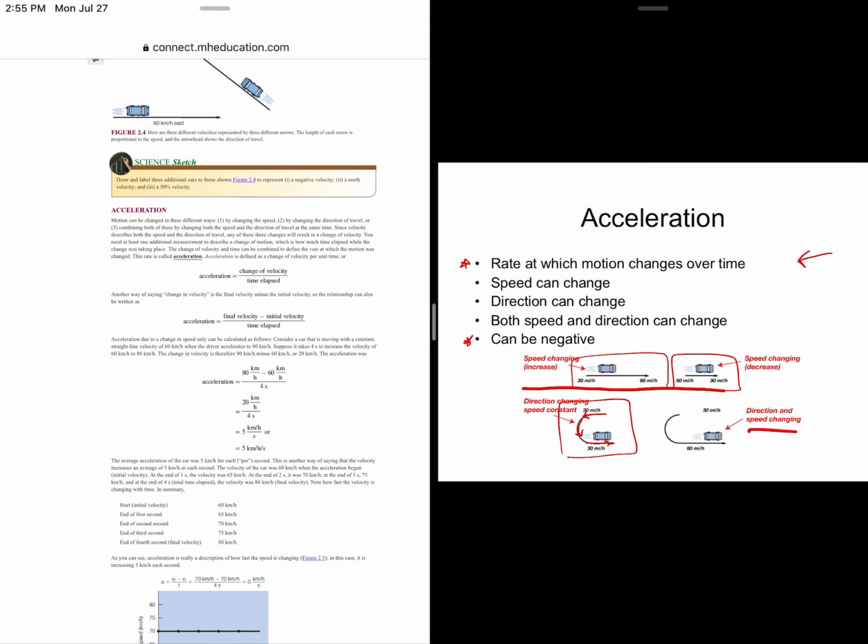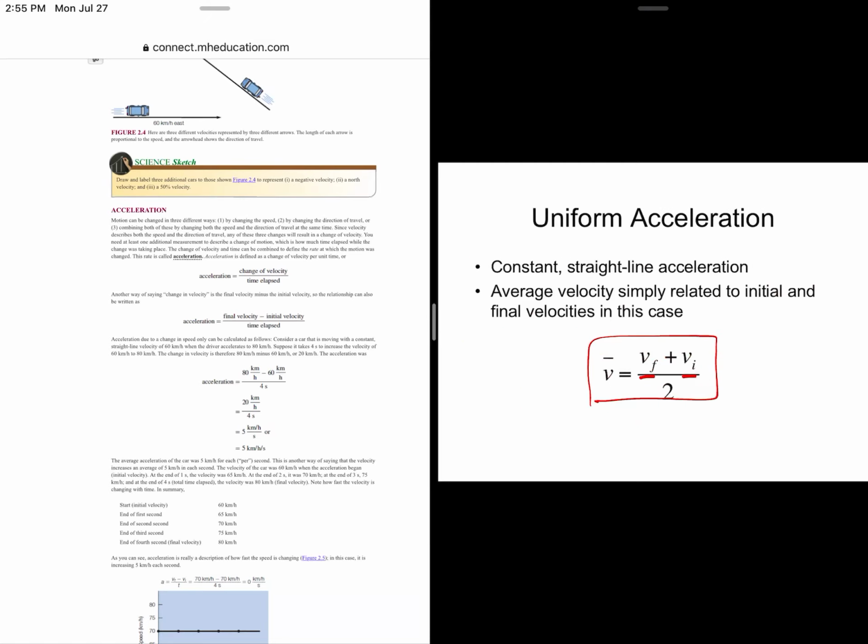Okay, so either beside this one or this one, write acceleration is equal to final velocity minus initial velocity divided by time. Okay, this is your equation for acceleration. All right, and that little F just means final and little I means initial.